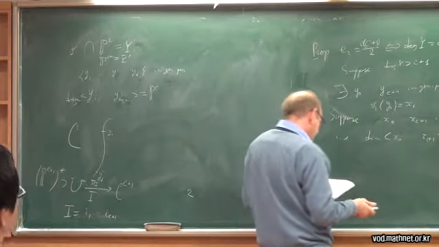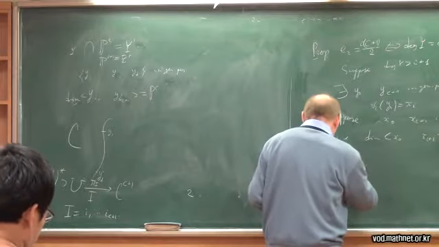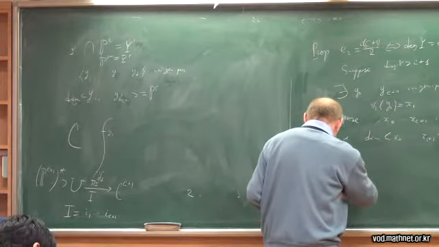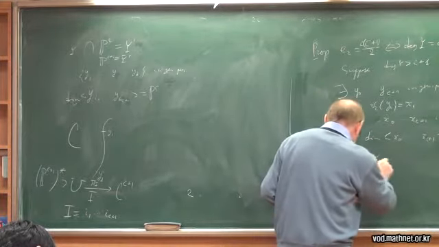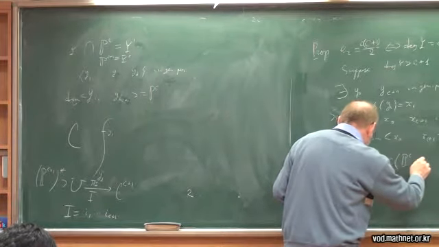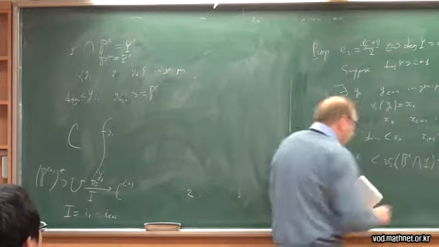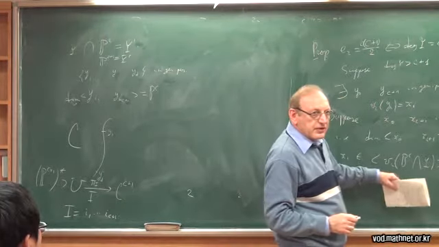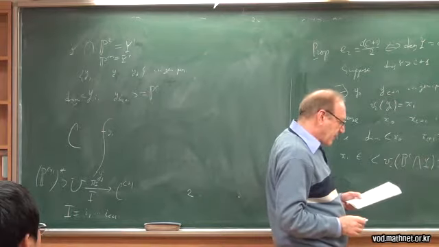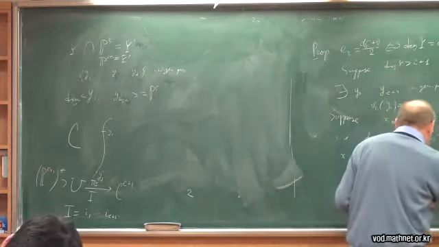Then, look, these points lie here, by the very definition. This was a linear section of our variety. And we know how to compute this dimension.